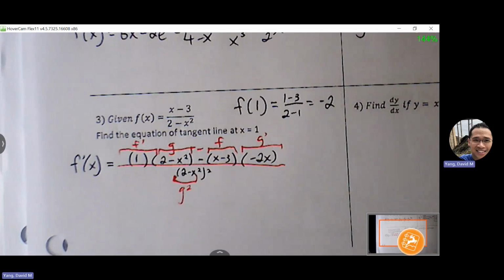Once we have our derivative, replace every x with 1. That'll get us down to our slope.